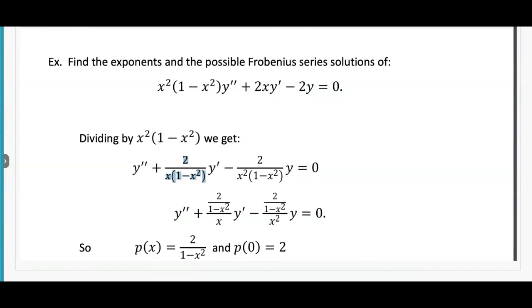Capital P, capital Q. Because of x squared, we have 2x here, so the 2x cancels with one x, leaving x raised to the first power. So we have 2 over x times 1 minus x squared.